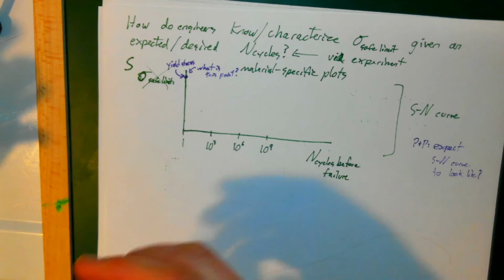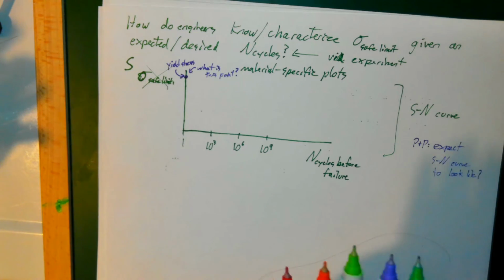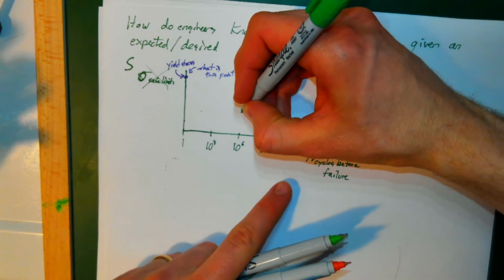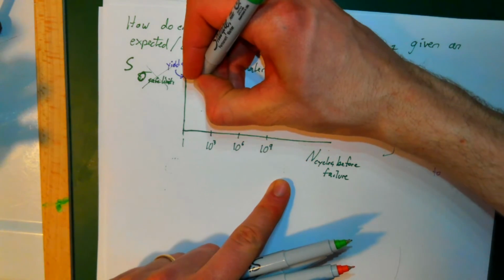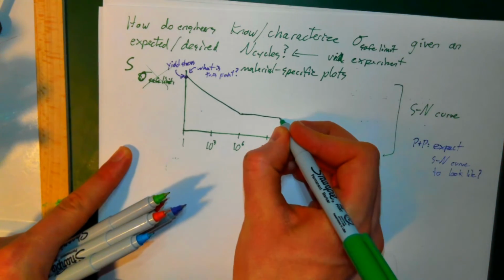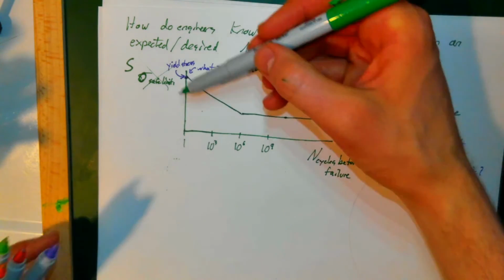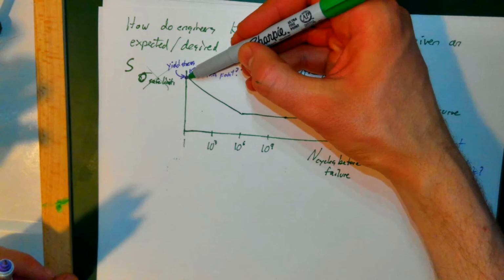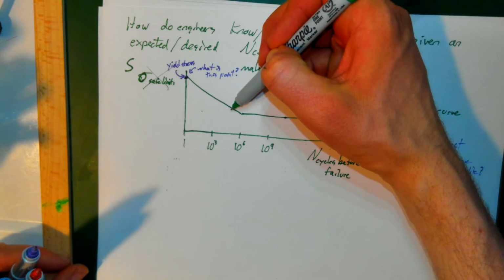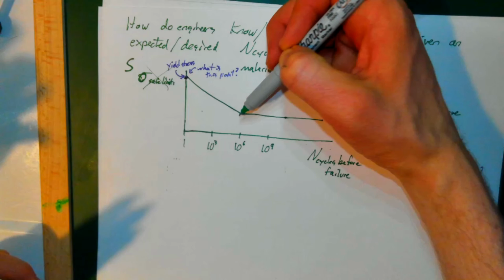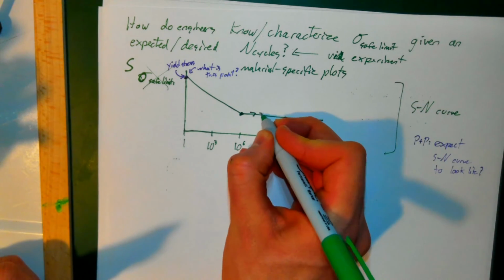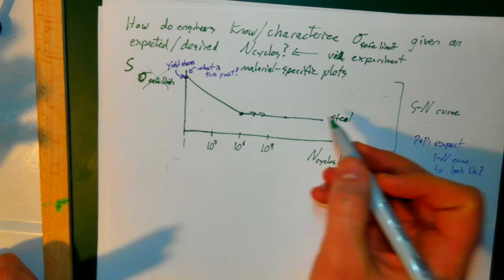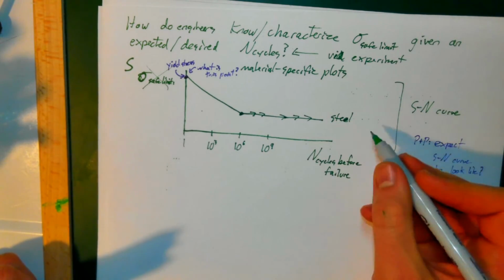And it turns out that for steel, it looks something like this, where you kind of get the sort of piecewise behavior of it, where basically your safe limit starts at the yield stress, it drops down and drops down until about 1 million cycles. And the interesting thing for steel is once it's lasted 1 million cycles, it'll last forever.